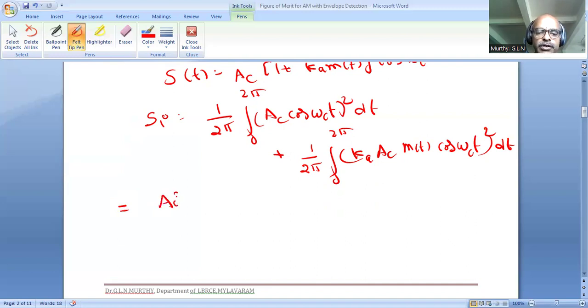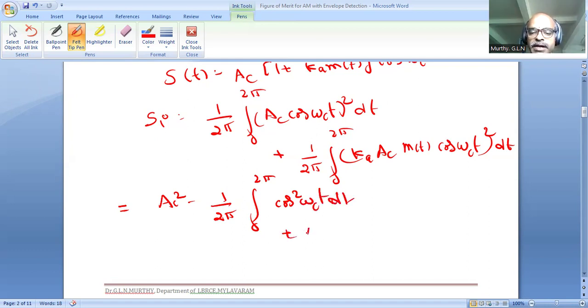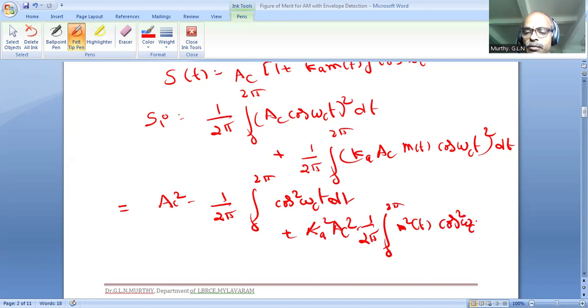So what I do, take Ac square common: 1 over 2 pi, integral 0 to 2 pi, cos square omega Ct dt, first term, plus the second term, again Ka square Ac square common: 1 over 2 pi, integral 0 to 2 pi, m square of t into cos square omega Ct dt.